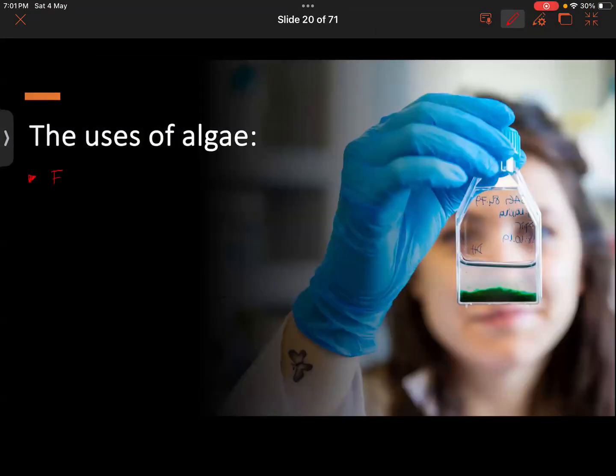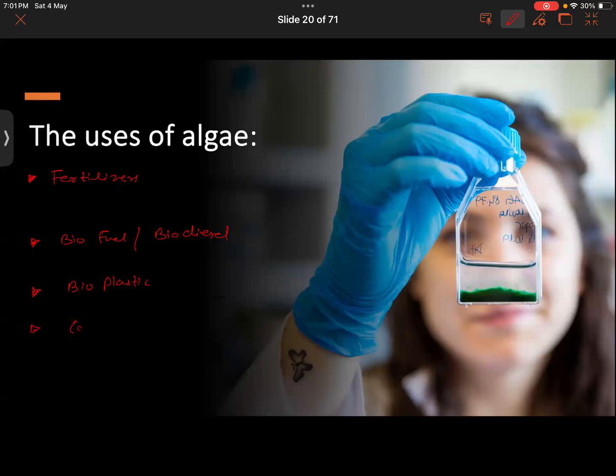It is used in making fertilizers. Then, as I told you, it is used in making biofuel, in biodiesel. It is used to make bioplastic.